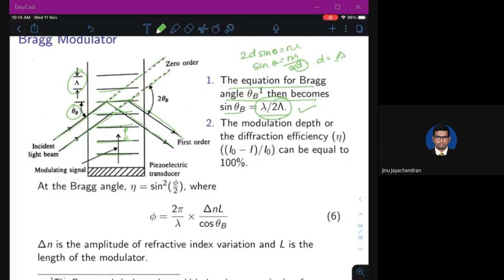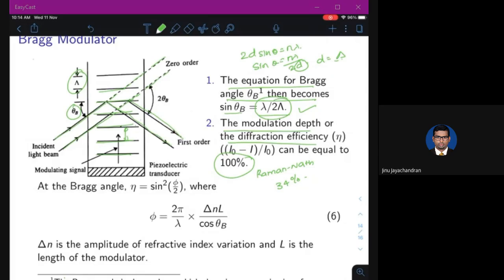But the important thing here is the modulation depth or the diffraction efficiency is almost 100%, while Raman-Nath has this efficiency around 34 to 35%, which is very low. So you can say that almost all the incident beam will get modulated and get diffracted and comes outside.